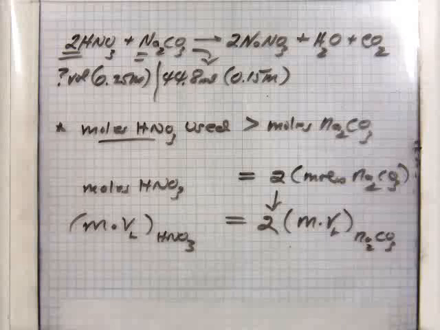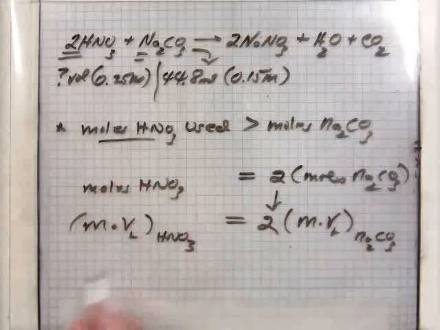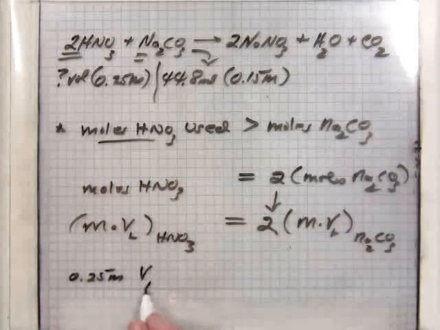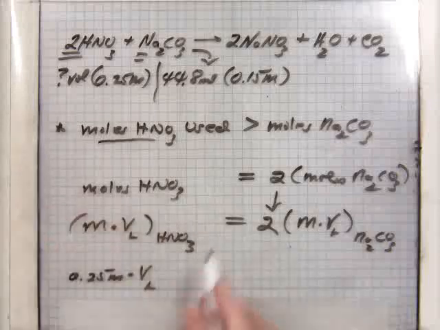Now look at your data that's given. Put it into that formula and solve for what they're asking for now. Look at the data. So I gave you a 0.25 molar, and we're looking for volume in liters, and you can convert to milliliters after the fact.